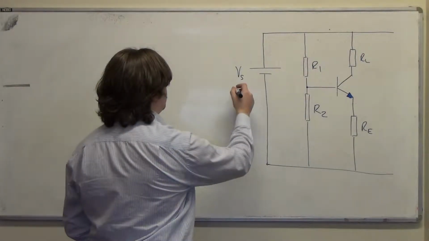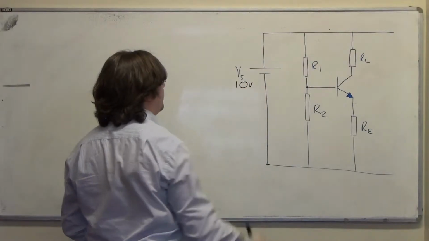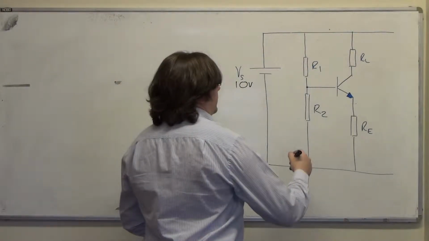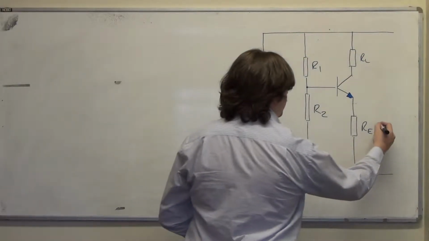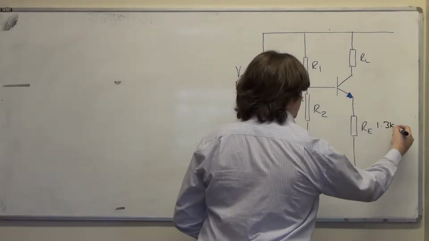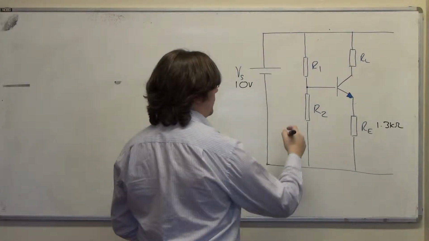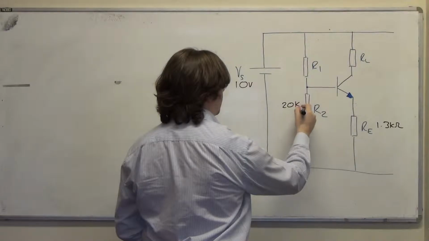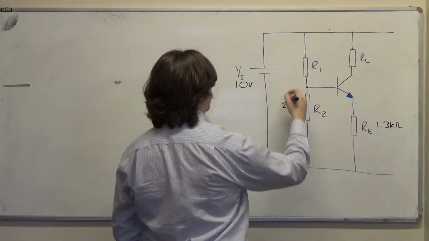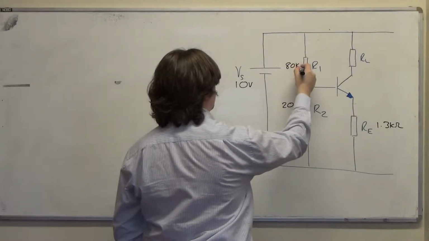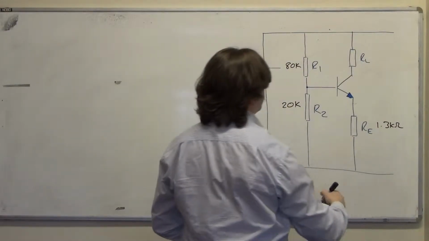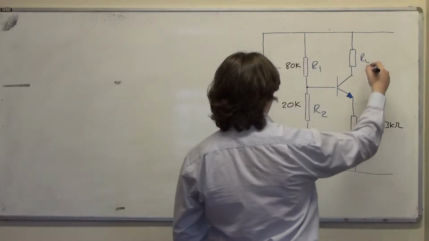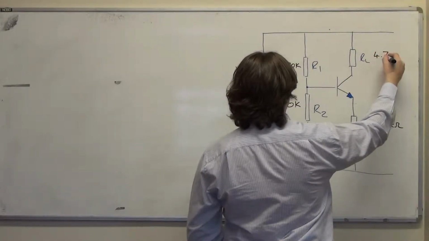So if we said VS is 10 volts, and we'll make this 1.3 kiloohms, and we'll make this 20k. And we'll make this 80k, and we'll make this 4.7k.